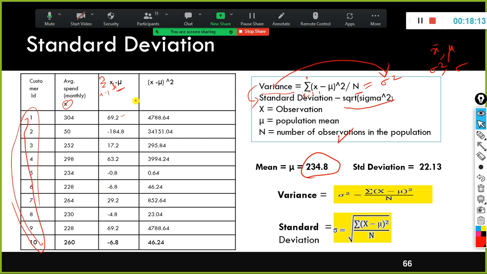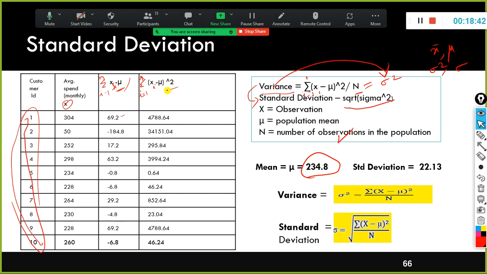And the next step is we are squaring this value for each and every value xi. I have already subtracted the mean from each and every value, and somewhere I am getting a positive value and somewhere a negative value. Now I am taking the square root of these values. Why should I take the square?